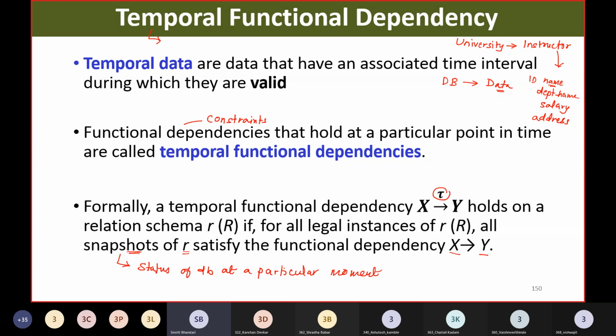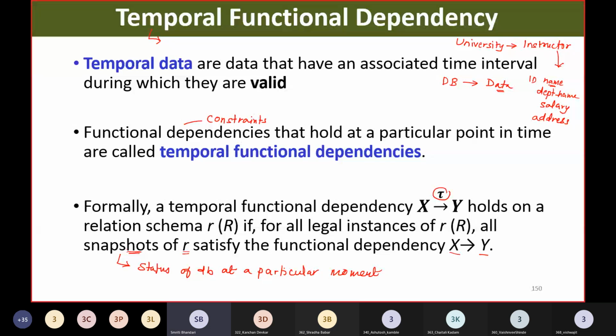And the functional dependencies are valid for that particular time interval, such that all legal instances or all snapshots of the relation taken during that interval of time will satisfy the functional dependency. I hope you have understood the concept.